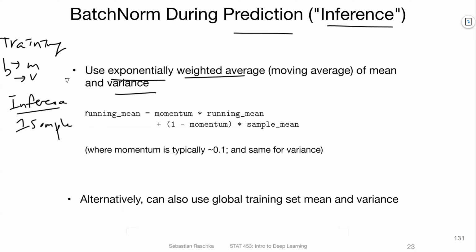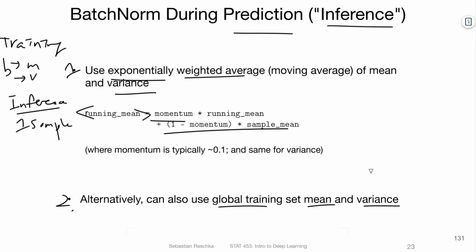And there are two options. The first one is when we are inferencing multiple samples, we calculate the exponentially weighted average like this. We saw this in the momentum. We calculate the running mean and running variance. Or the second option is we use the global training set mean and variance.